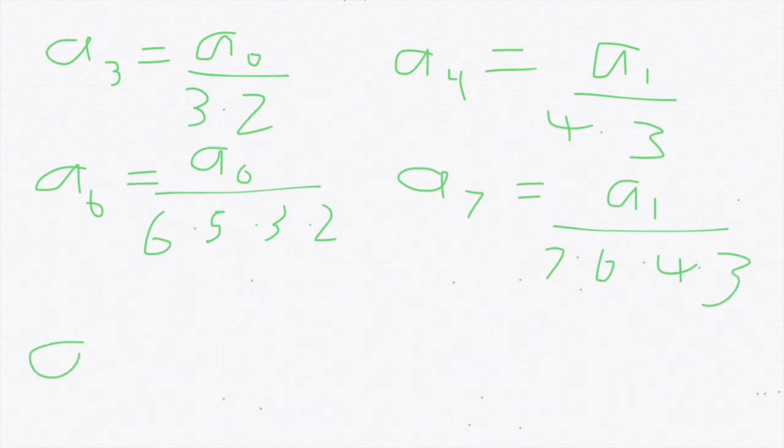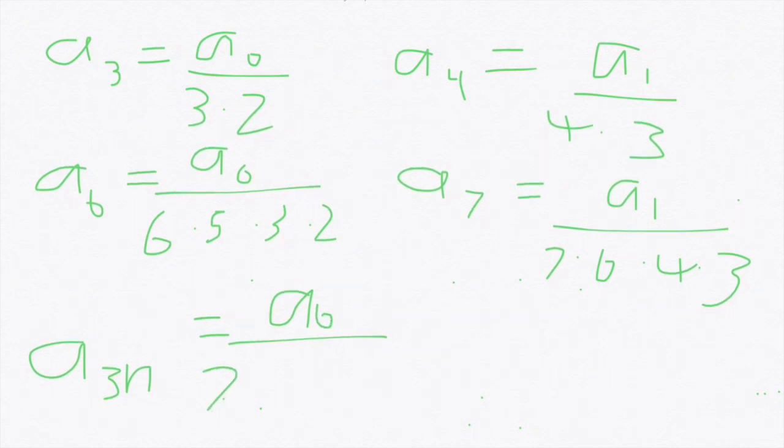So you'd say a of 3n is equal to a of 0 over 2 times 3 times 5 times 6, dot dot dot, and the pattern we notice here is 2, 3, 5, 6, and so on and so on.